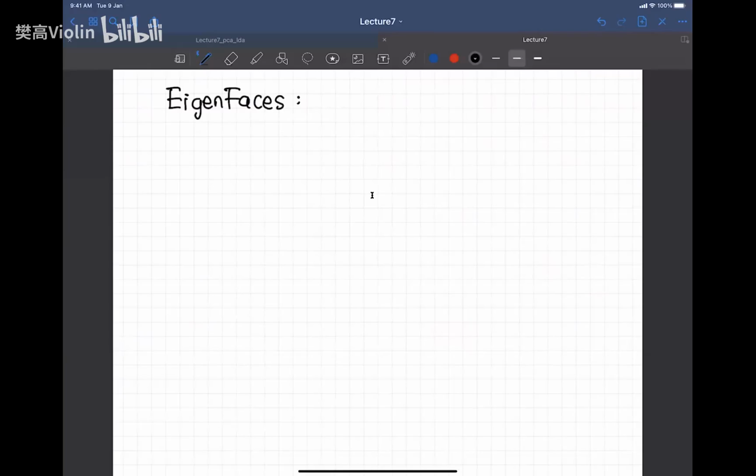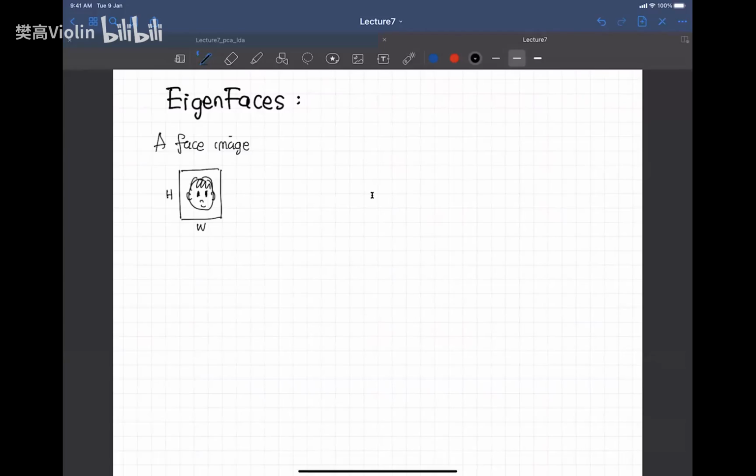Okay. So assume that you have a face image. A face image means that you have an image with a face on it. So assume this is the face, and the image has the dimensionality of width and height. This is your image.